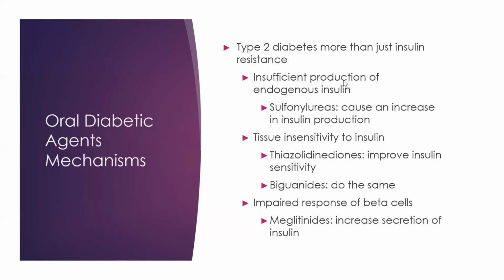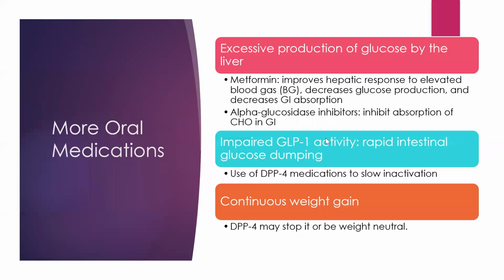Type 2, so remember, these patients aren't just insulin resistant, they're not making enough endogenous insulin. We can't give them sulfonylureas because it's going to increase their insulin production. So they can have tissue insensitivity to insulin and impaired response of those beta cells, but it doesn't mean that they're completely gone. So they're still making some insulin on their own. So oral medications, some other things that we want to talk about.